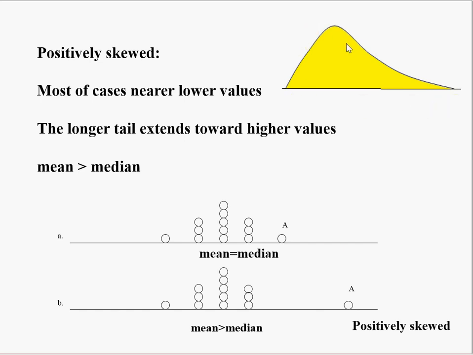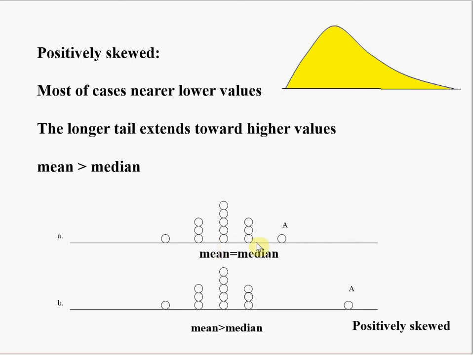When we have a positively skewed data set, the mean is larger than the median. Why is that? Look at this one example. This is obviously a symmetrical distribution. You have an equal number of cases on both sides of the center. At the center, the mean equals the median.